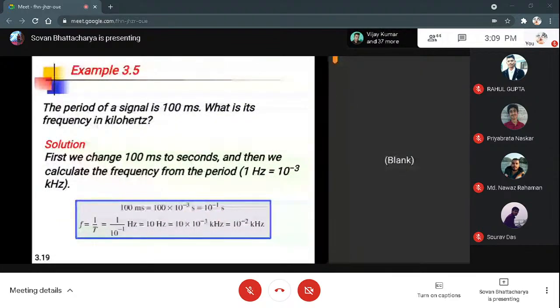The period of a signal is 100 ms. What is its frequency in kilohertz?